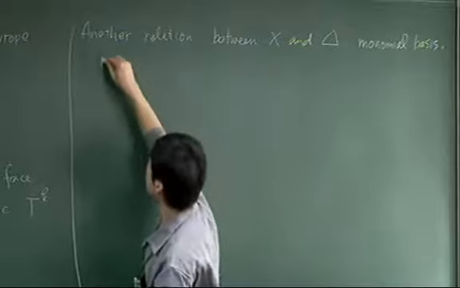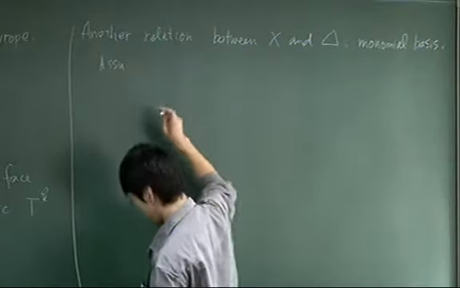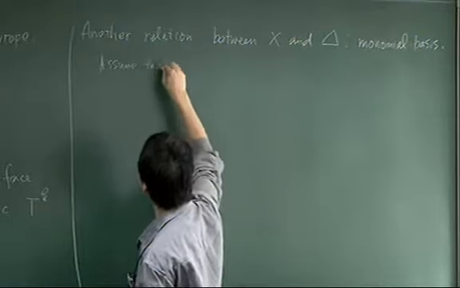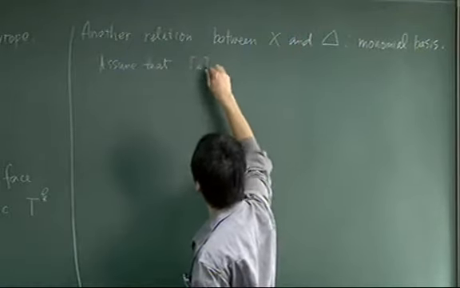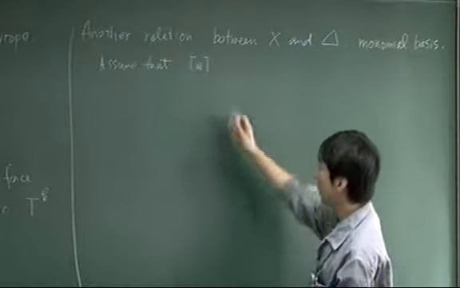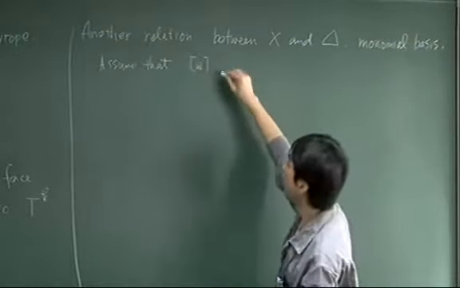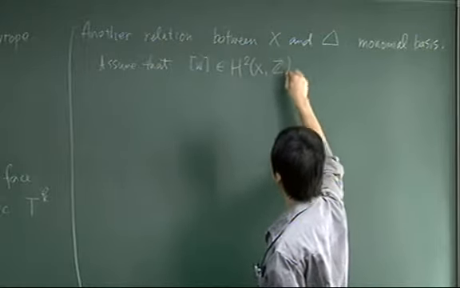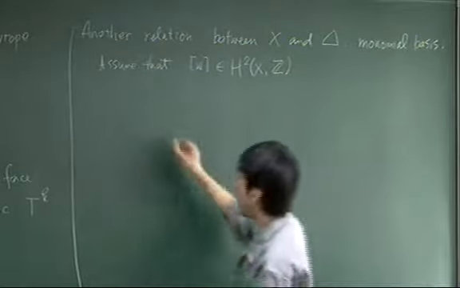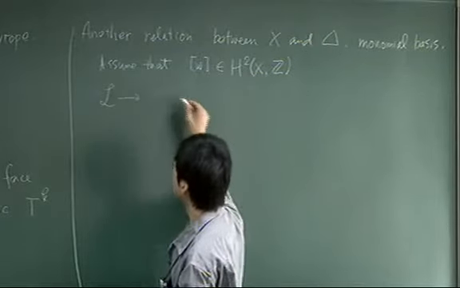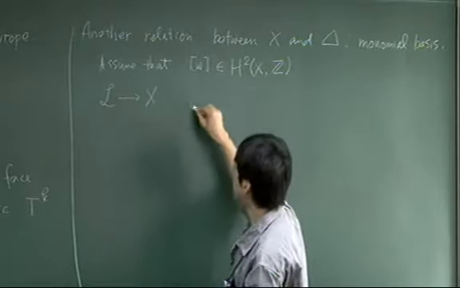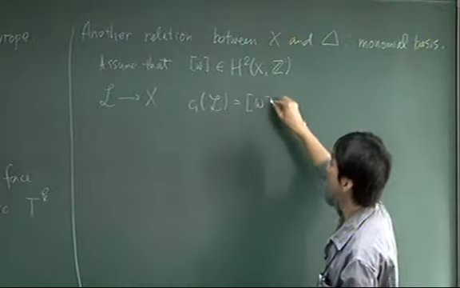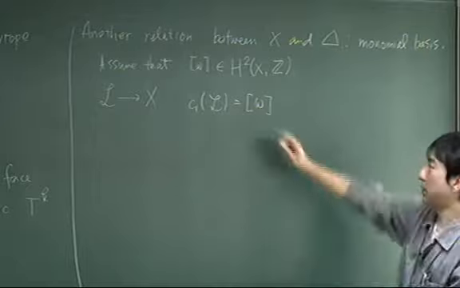So here we assume that the cohomology class of omega is integral. Then we can take a line bundle on X such that its first Chern class coincides with the class of the symplectic form.